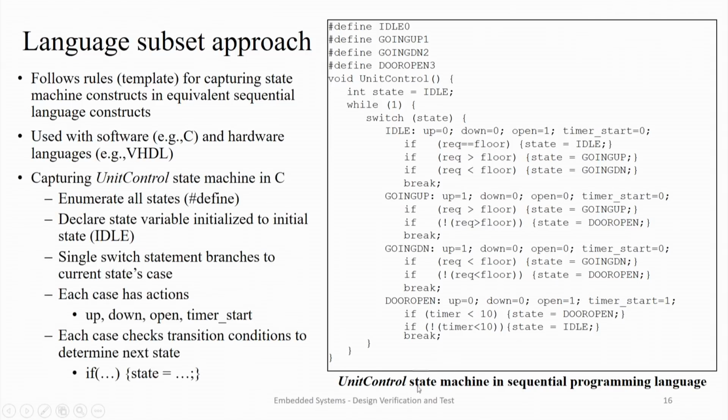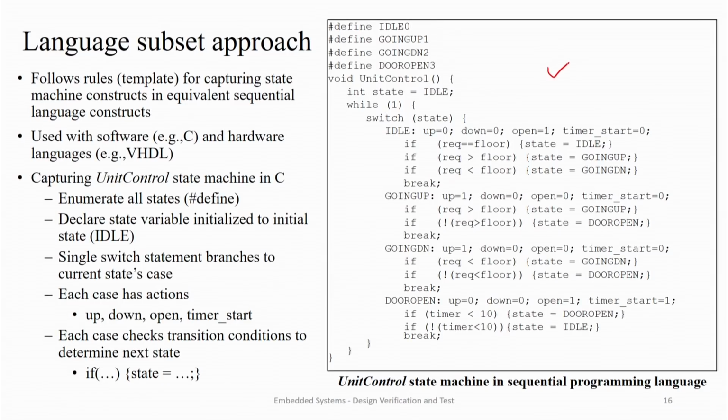So, for our unit control FSMD, you can capture this whole unit control FSMD using a sequential program like the following that we have specified here.